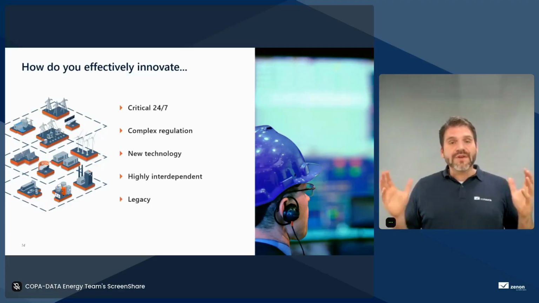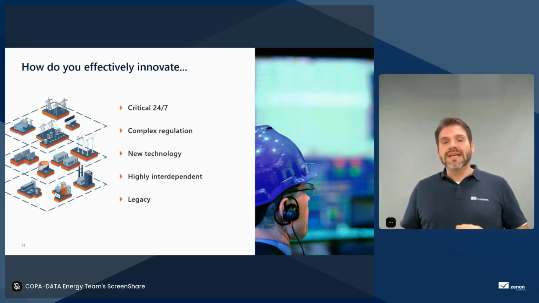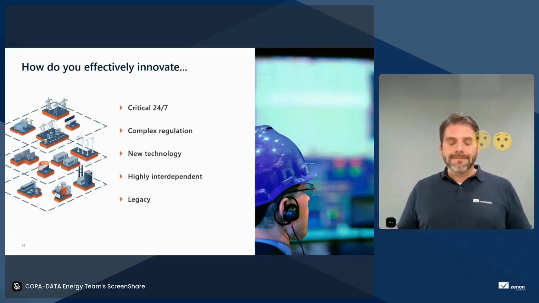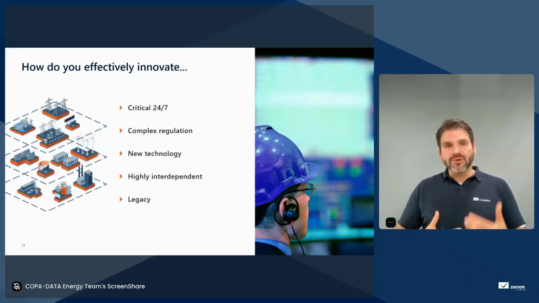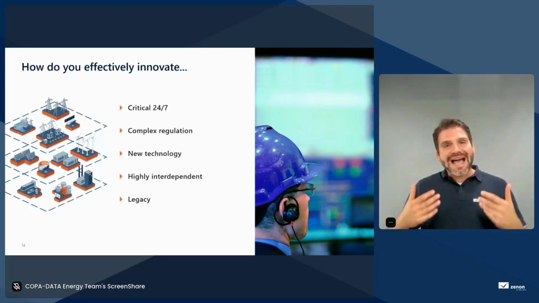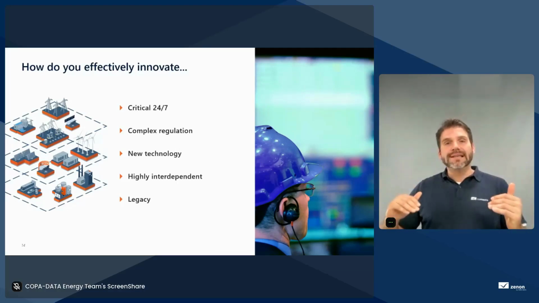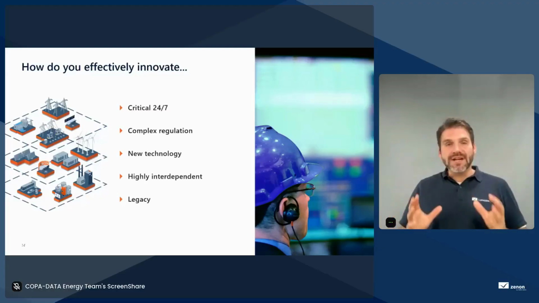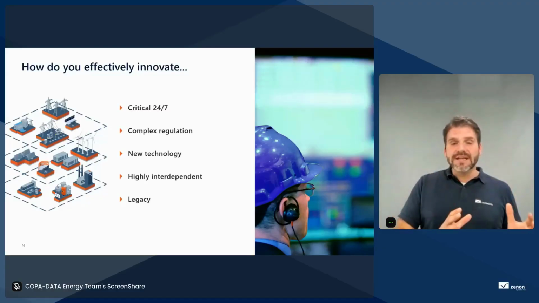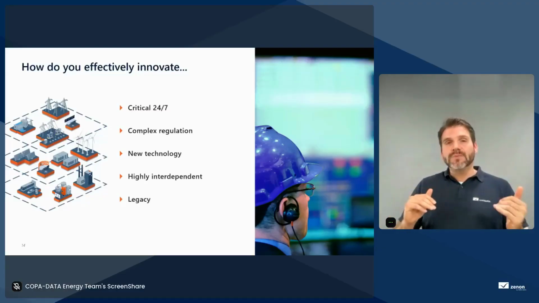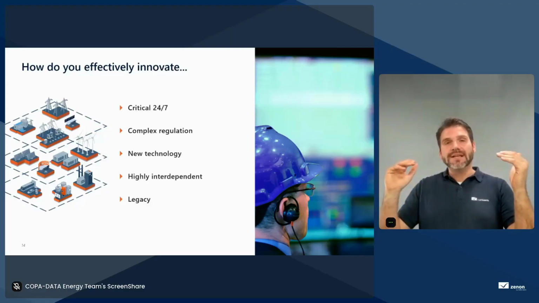It's an environment with quite complex regulation, and new technology needs to be utilized in order to make certain solutions even possible. There's a high interdependency, for example, on a physical level: there's an exchange of energy, there's an exchange of materials, which has to be continuously flowing, and on the other hand side, also on an informational level.